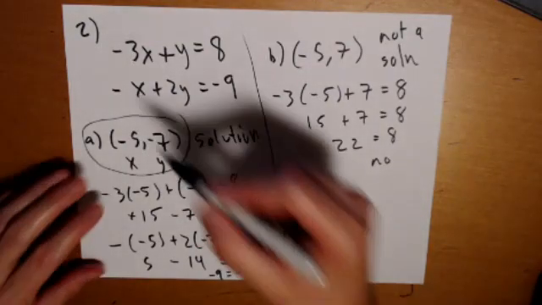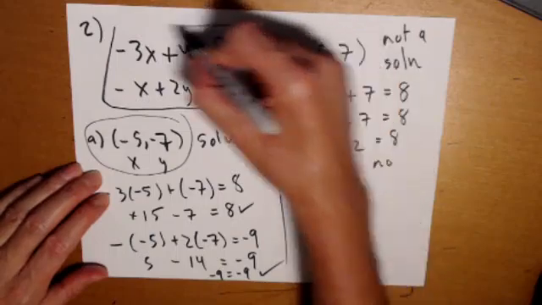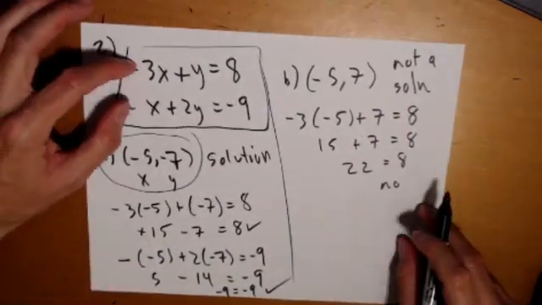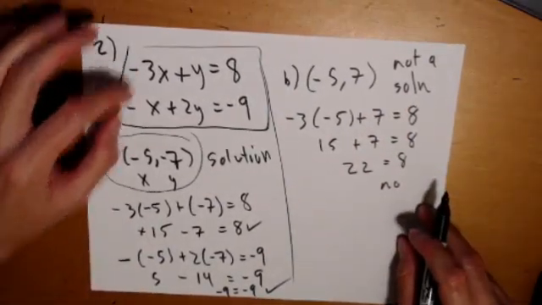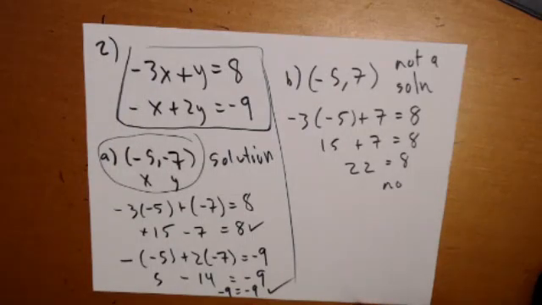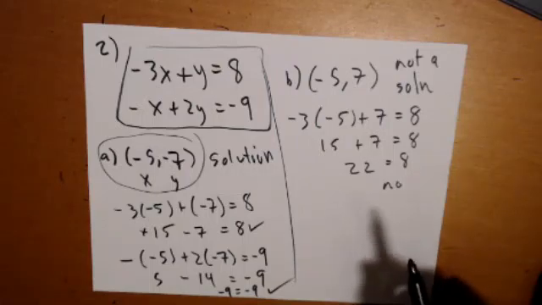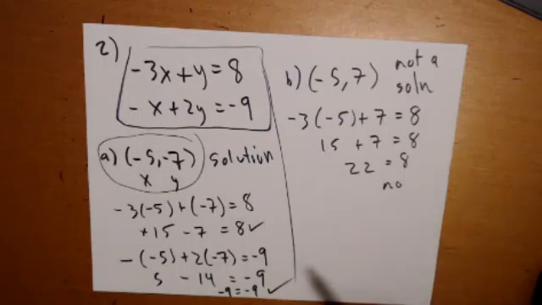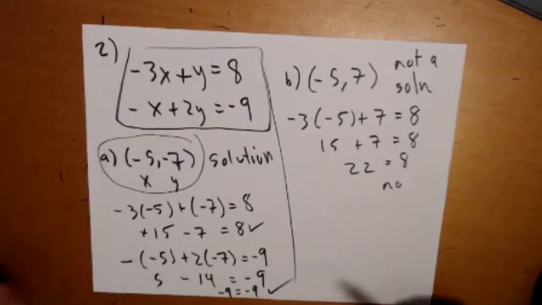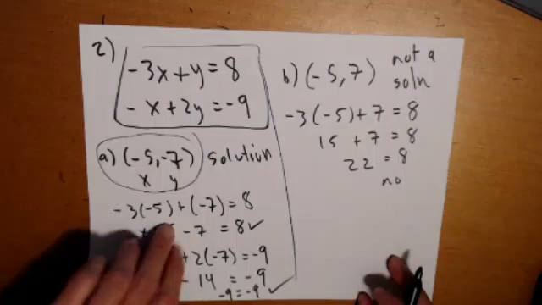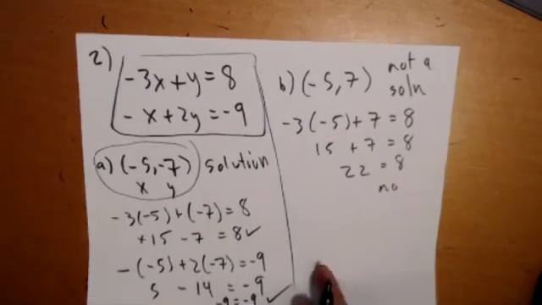So how do we figure out the x and the y that will make both of these true? There's a couple ways to do that. Well, here's one way to do it.